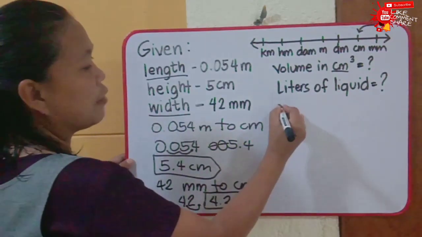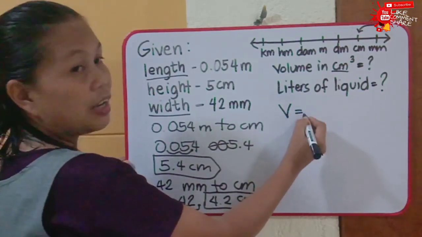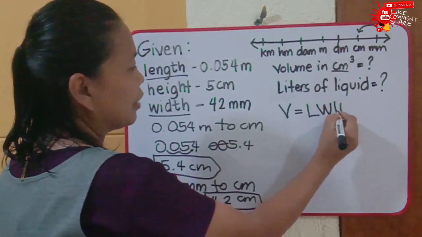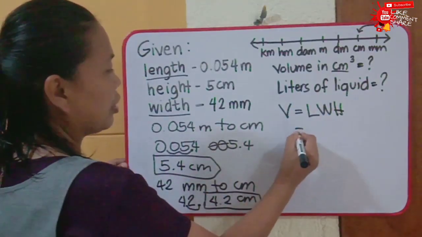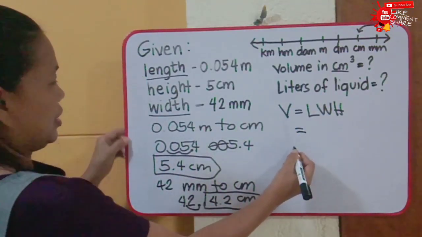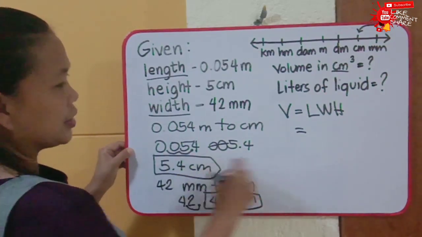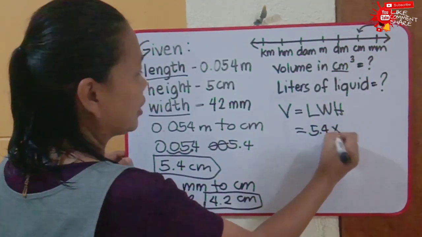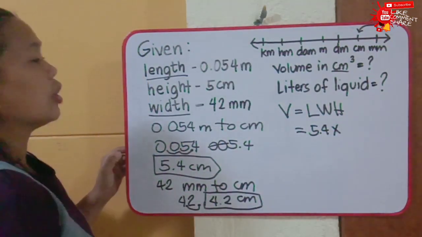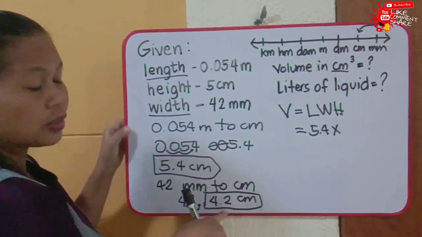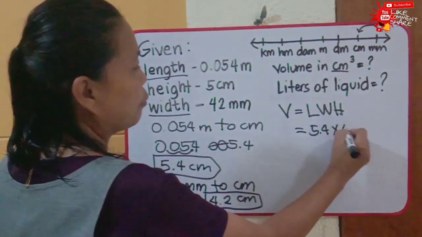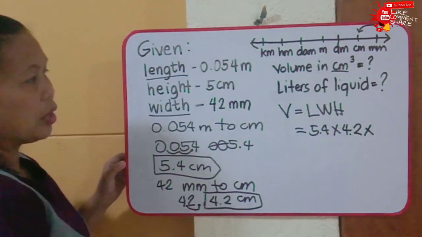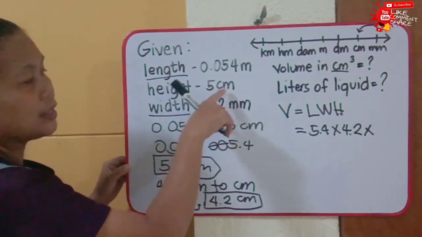Now, to solve for the volume, we have to use the formula length times width times height. So we will multiply the length, which is 5.4 centimeters, times the width, which is 4.2 centimeters, times the height, which is equal to 5 centimeters.